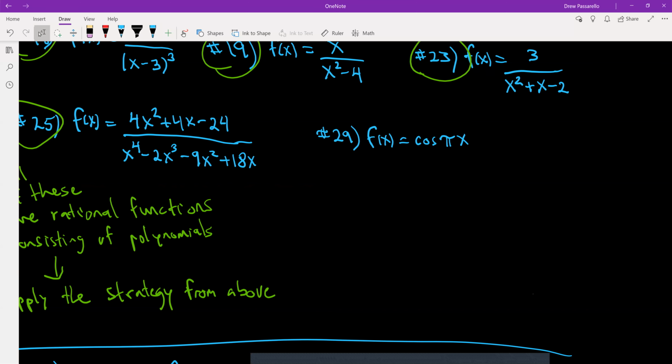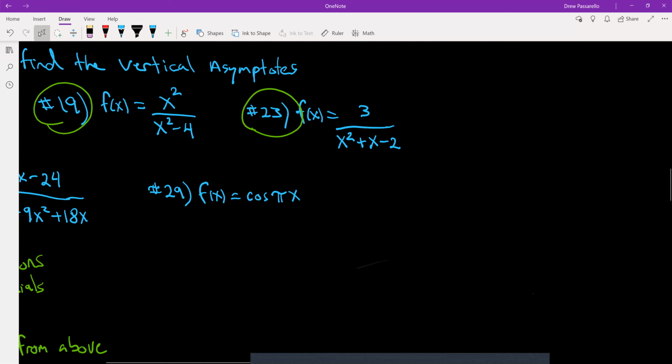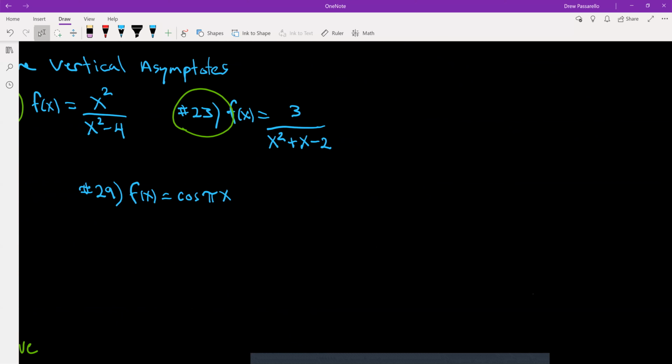I'm limited on that strategy, but you see that it works for most of the problems. So number 29, f of x equals, supposed to be not cosine, cosecant was what I'm supposed to have.